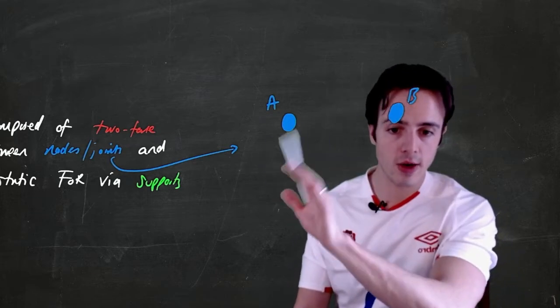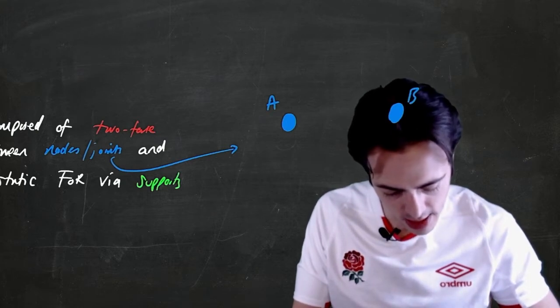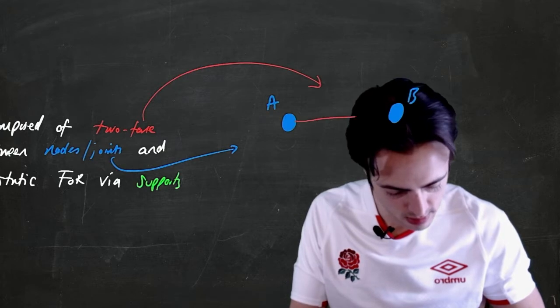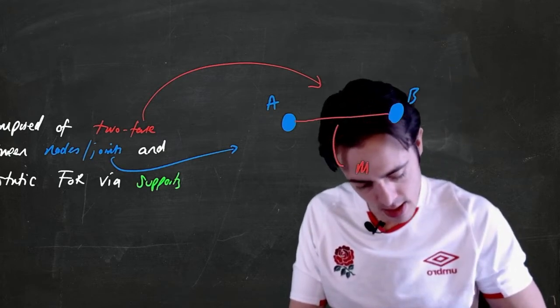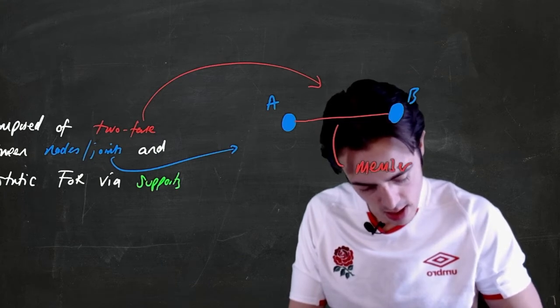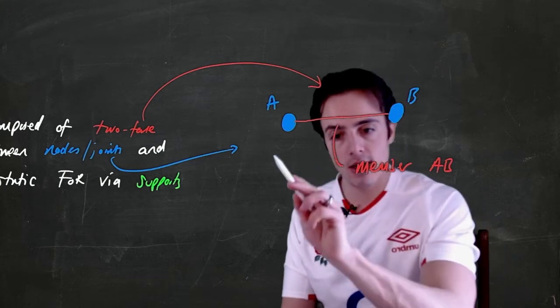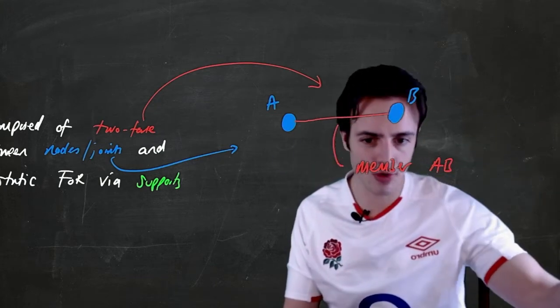So this would be node A, this would be node B. Two force member is just a part that is connecting them. Straight line connecting them, okay? So this would be member AB. It connects node A or joint A to node B or joint B.